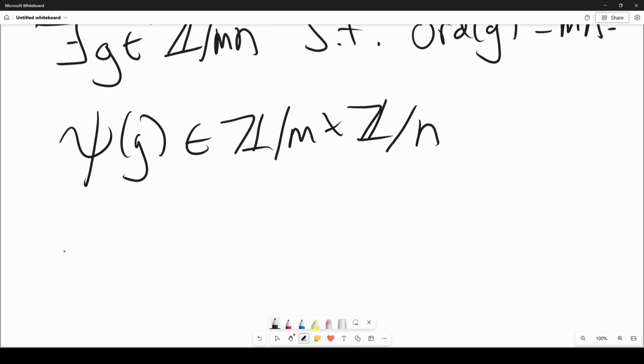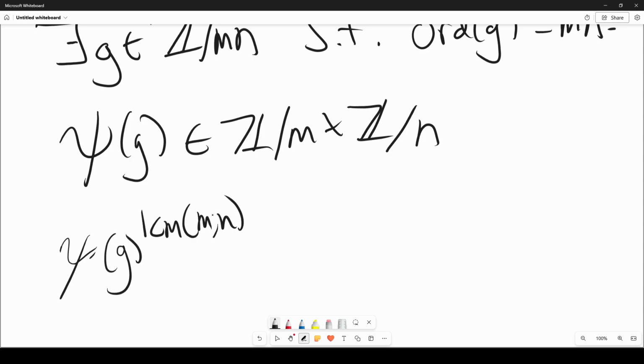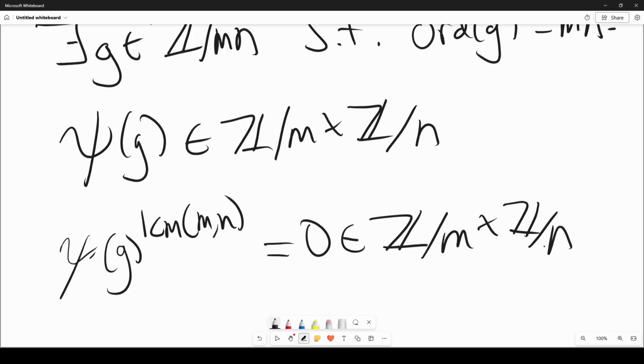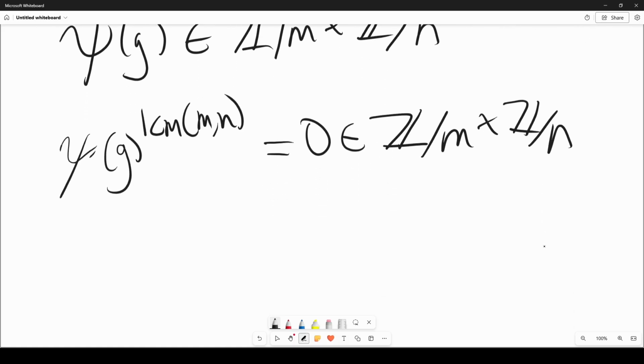So let's try to find the order of this element. Well, we see that psi of g to the LCM of m comma n has to equal 0, or the identity in Z mod M cross Z mod N. Why is this the case? Well, you can just think of this logically.